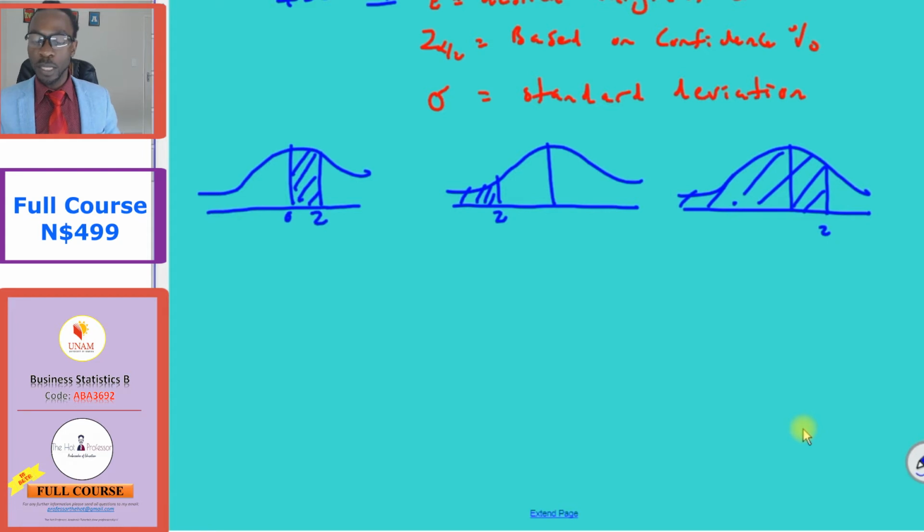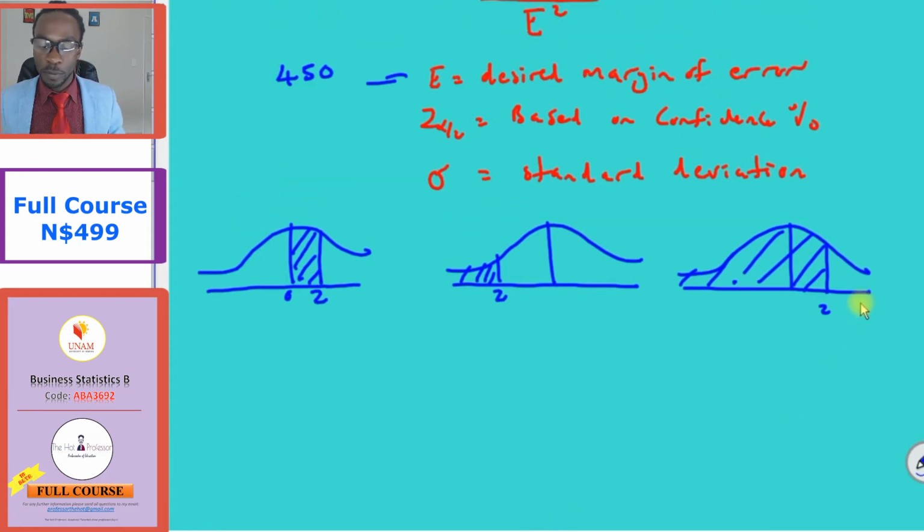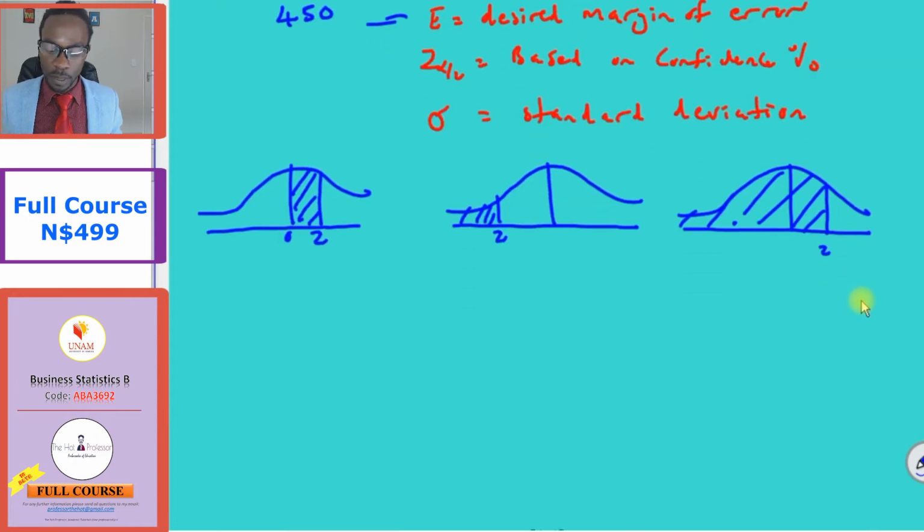Depending on which table, I'll show you how to calculate the value of Z alpha over 2 based on 97%.